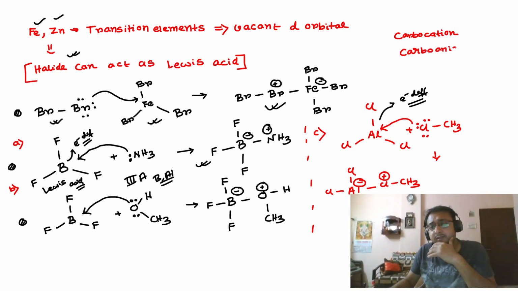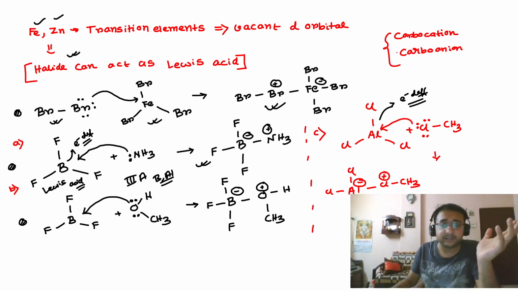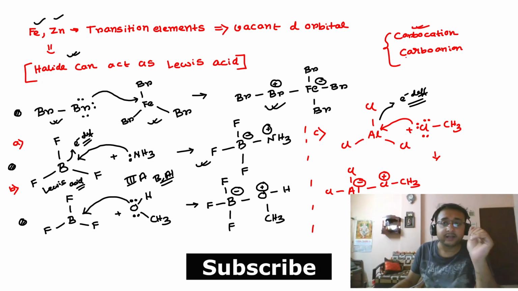These are two very important moieties in any type of chemical reaction, and they act like Lewis acid and Lewis base. Carbocations are very good candidates as Lewis acids, and carbanions are very good candidates as Lewis bases. How they participate in acid-base reactions, I am going to discuss in my next lecture.